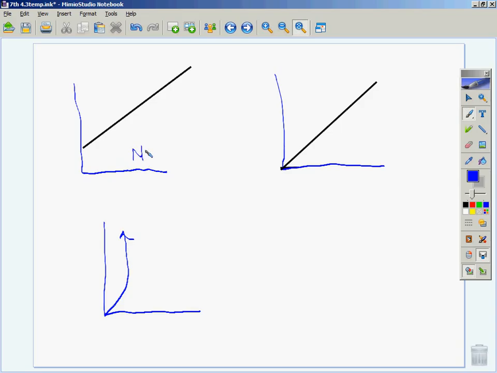No. Can you tell me why? It doesn't go through the origin. Proportional or not? Yes. Can you tell me why? It's straight. Proportional or not? Why? Not straight. Everybody understand that that's very quick and easy to identify from a graph? We good?